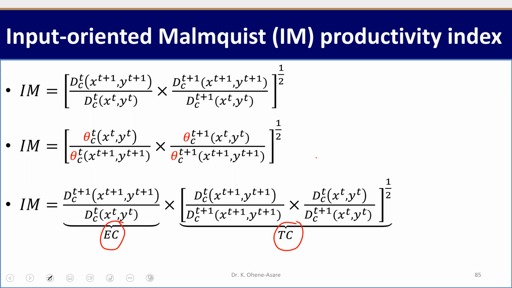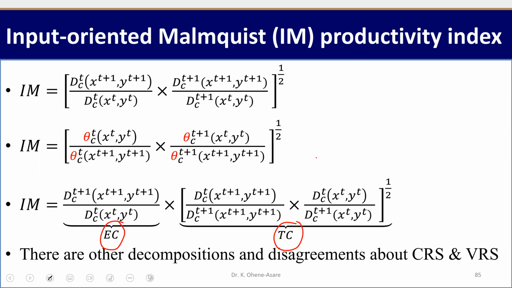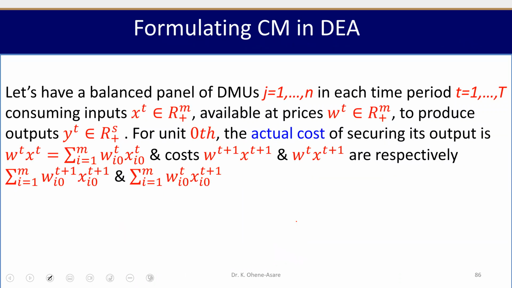We know this already, okay? But there are other decompositions and there are other disagreements regarding constant and variable returns. Go through this by yourself because they are all there in the other videos and in the other lectures. I told you that you cannot go to cost productivity unless you understand input-output productivity or the classical productivity. That's why I've gone through all of this.